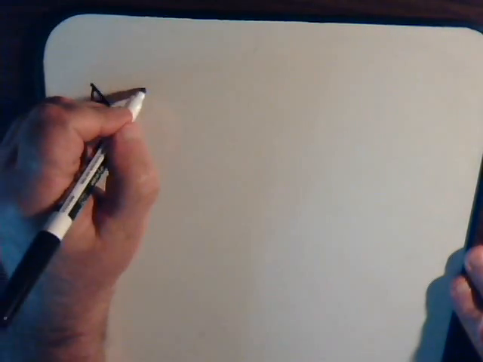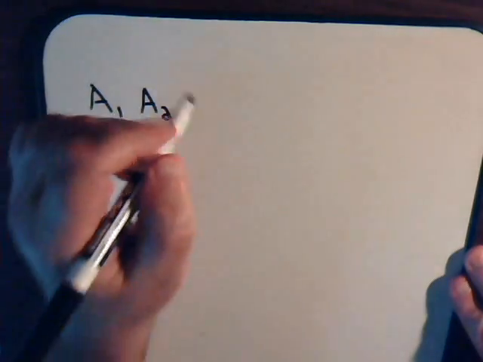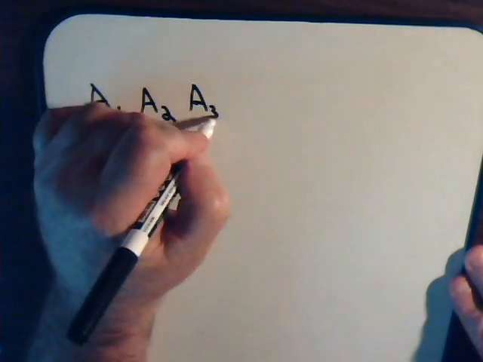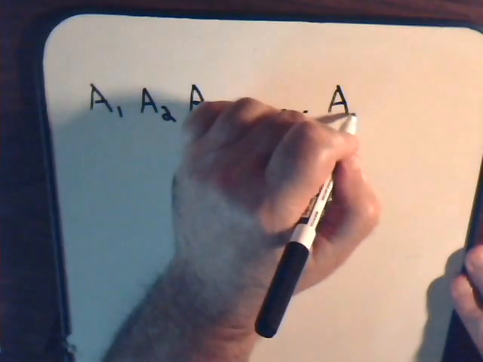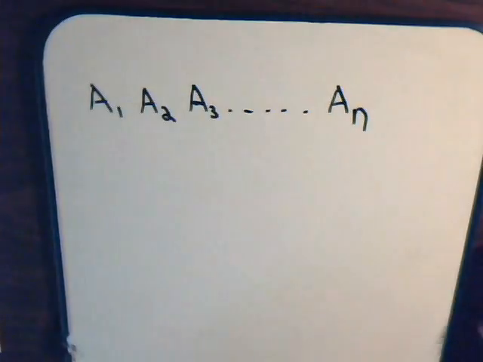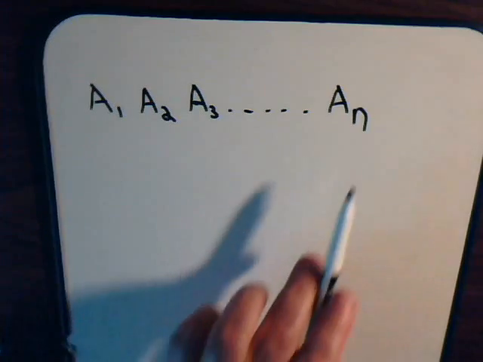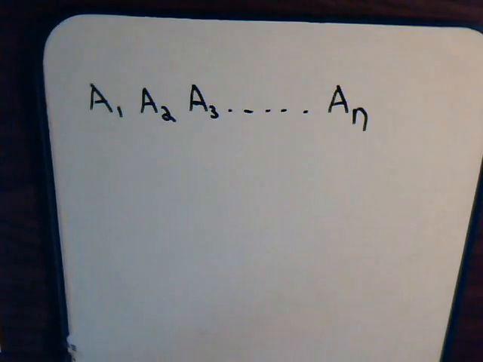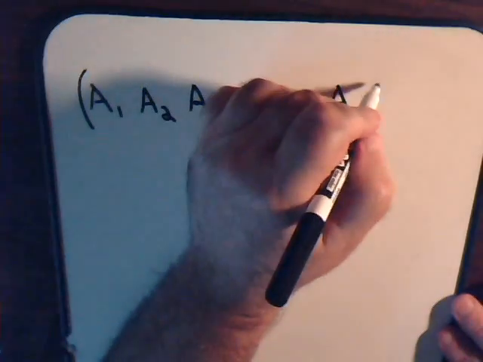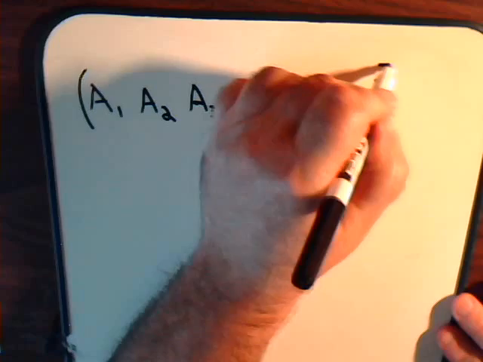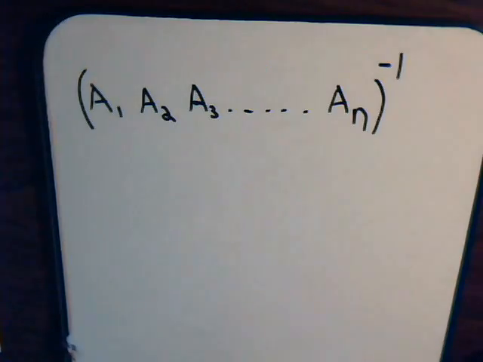Say A1, A2, A3, all the way on out to AN. And these are all non-singular matrices. So if we multiply all of these together and we ask, what is the inverse of this?